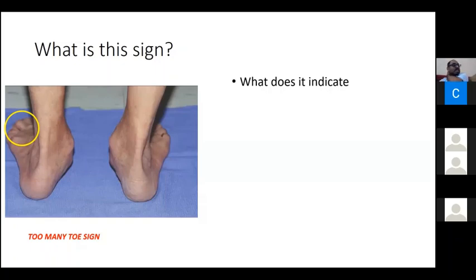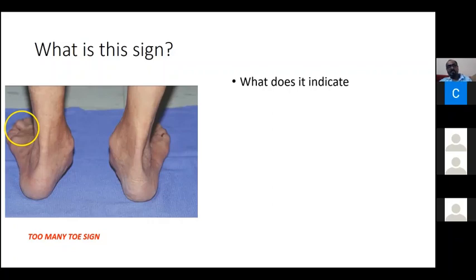So what is the anatomy of tibialis posterior? Tibialis posterior originates from the posterior fibula, posterior part of tibia and interosseous membrane. It has three slips of insertion. The anterior slip inserts at the navicular tuberosity.